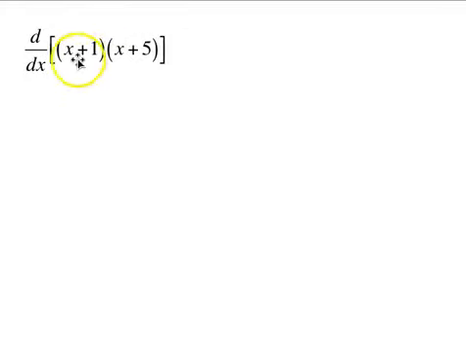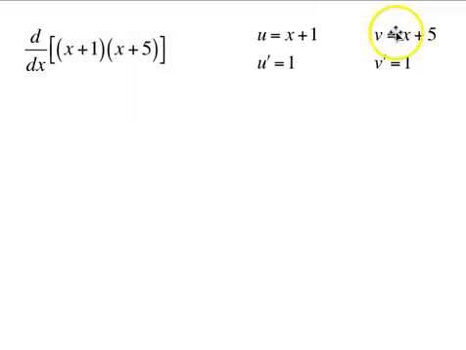I need to define u and I need to define v. So I'll say u is x plus 1 and I'll say v is x plus 5. U prime, the derivative of x plus 1, is the slope of x plus 1, it's just 1. V prime, the derivative of x plus 5, is also just 1. So to use the product rule, it's u prime v plus u v prime.